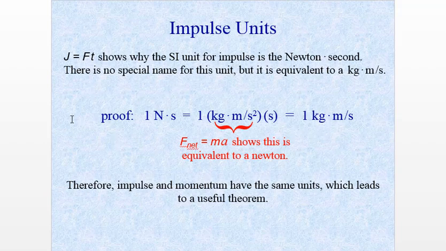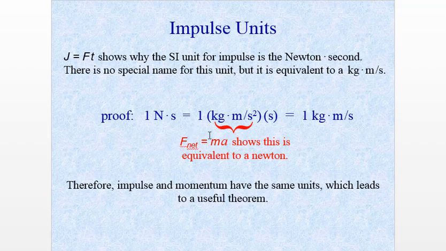We can prove it. 1 Newton second is equal to 1 kilogram meter per second squared times second, and that equals 1 kilogram meter per second.